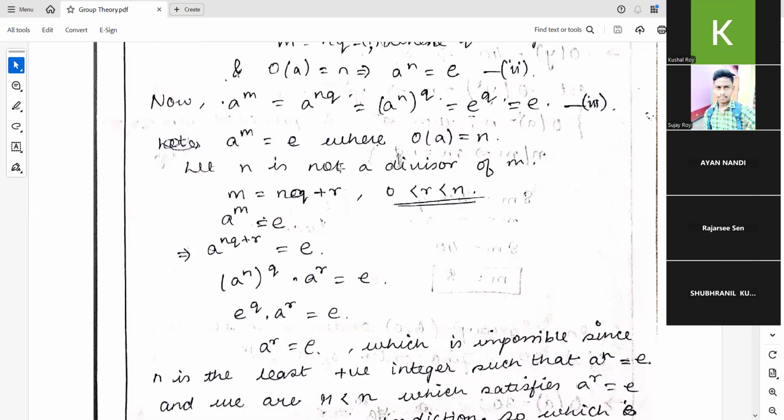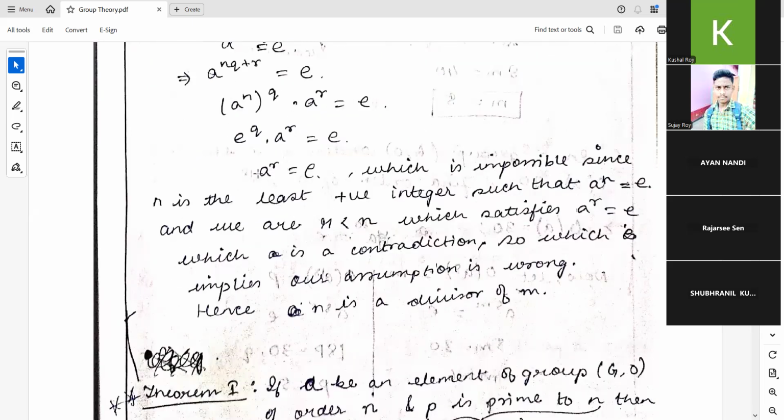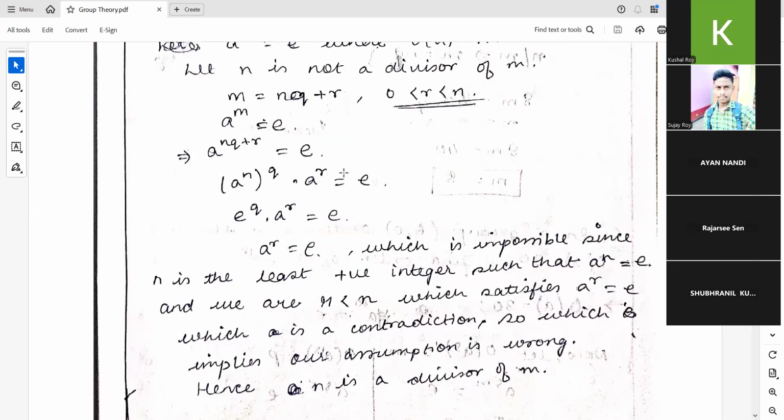And we already know that n is the least positive integer for which a to the power n is identity. So therefore, it is clear that a to the power r can't be the identity element, because in that case, r will be the least positive integer.